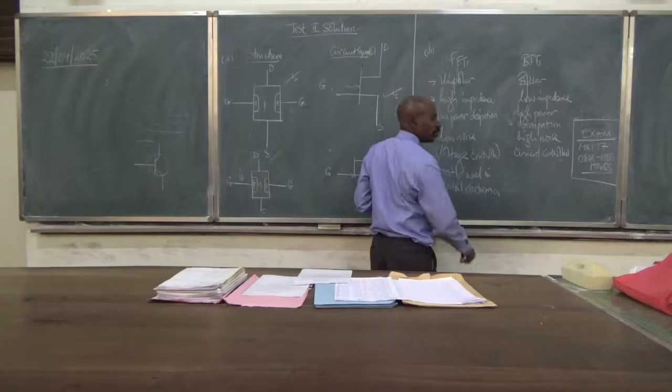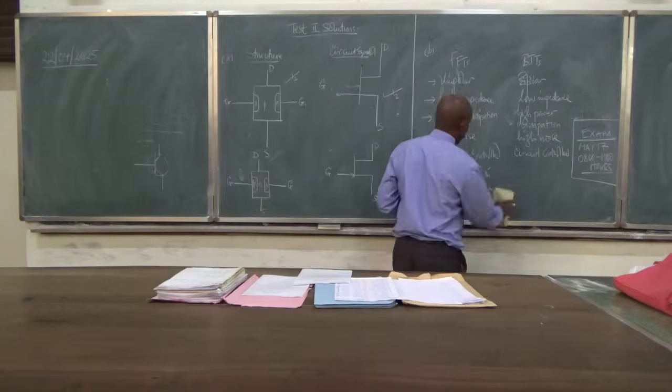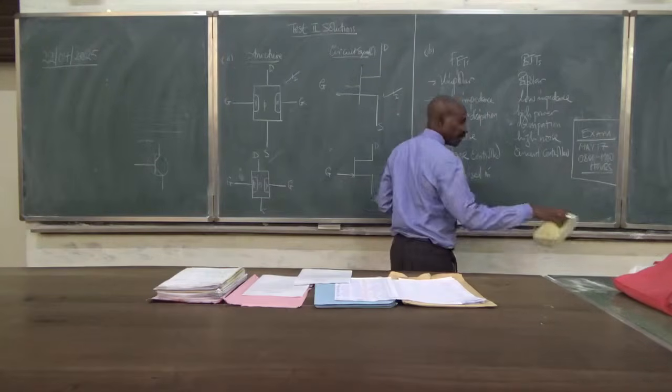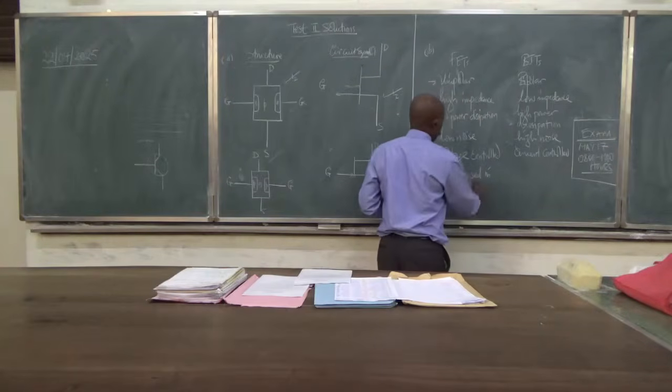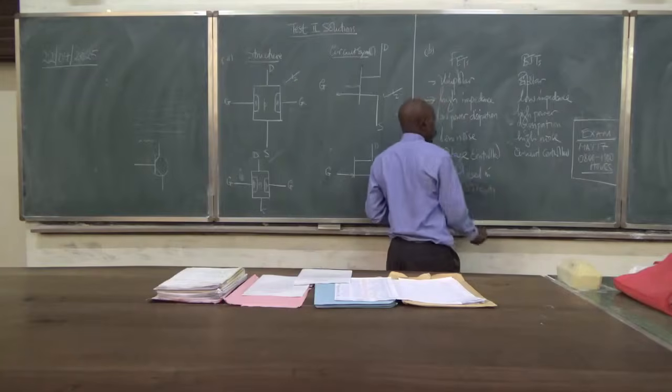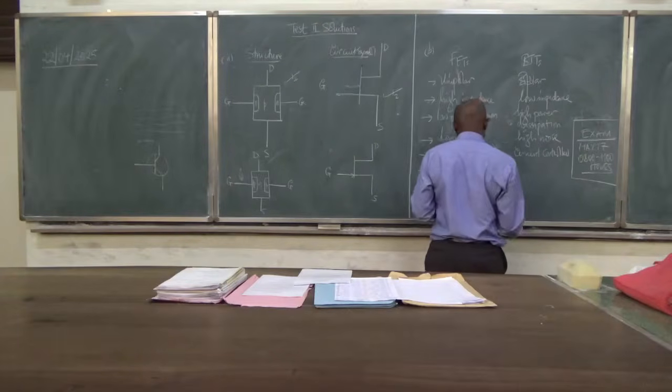Would we say electronics or circuit? The most appropriate one is circuit. And then here, mostly analog.